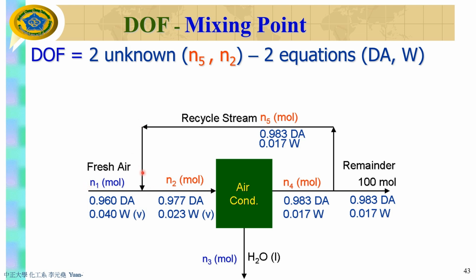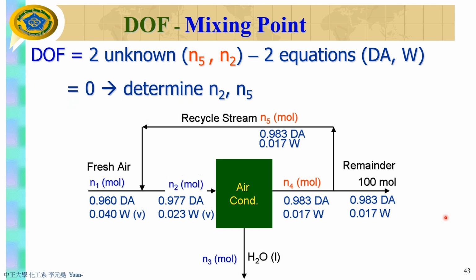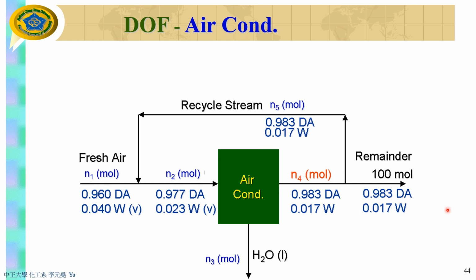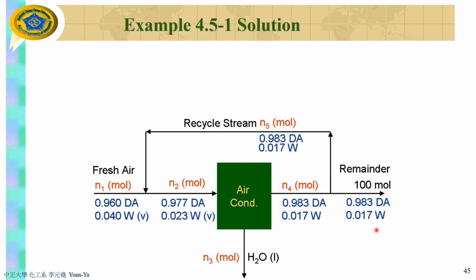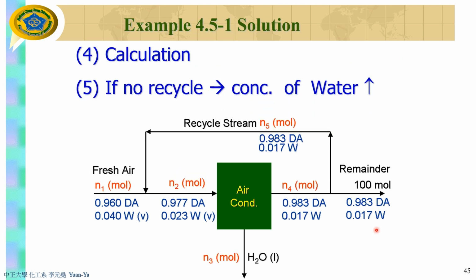Water input equal to water output, 2nd equation. So you can get N5 and N2. So I make it go from red color to blue color. Okay, and then go back to the air conditioner. There is 1 unknown, number 4, which is easy, right? So you just get the answer. Right, so please do the calculation.